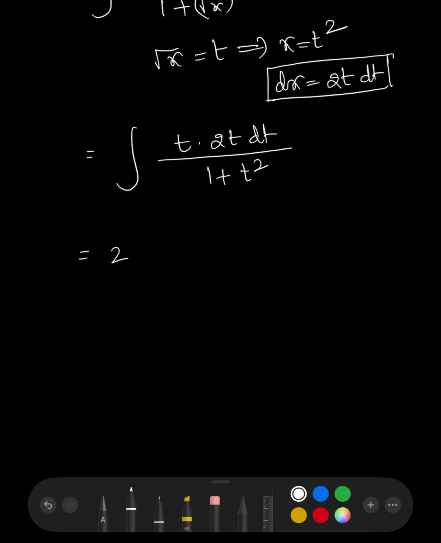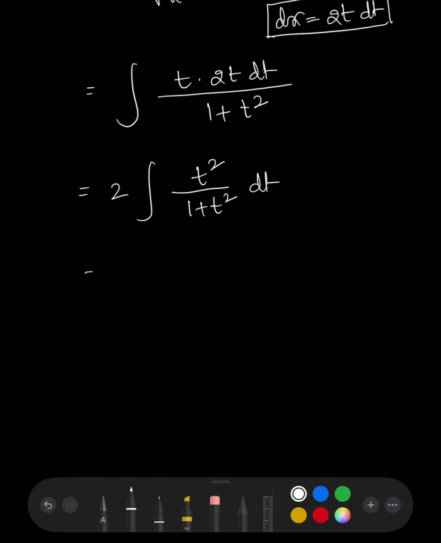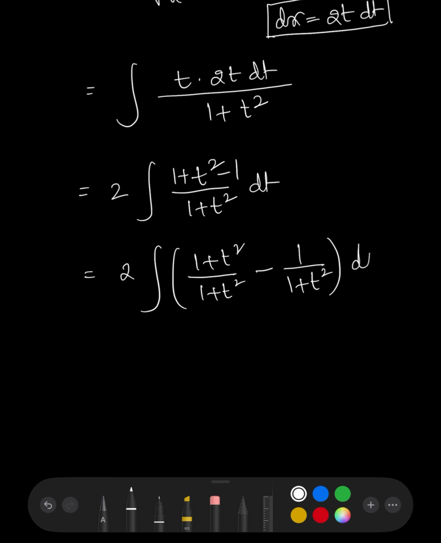We can take 2 outside, integration of t square by 1 plus t square dt, right? So we can add 1 and subtract 1 in the numerator. So we can split the numerator: 1 plus t square by 1 plus t square minus 1 by 1 plus t square, whole dt.